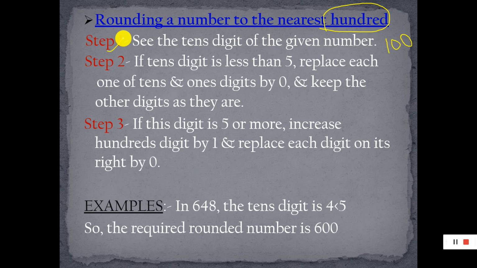Step one is to see the tens digit of the given number. Step two: if the tens digit is less than 5, replace each of the tens and ones digits by 0 and keep the other digits as they are.